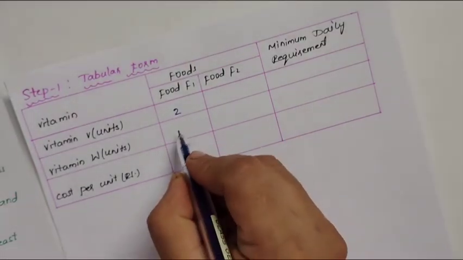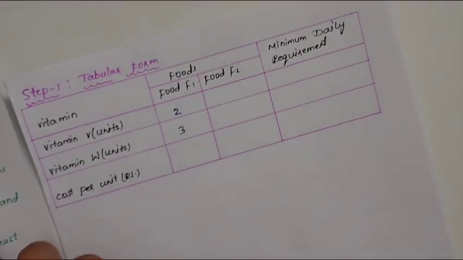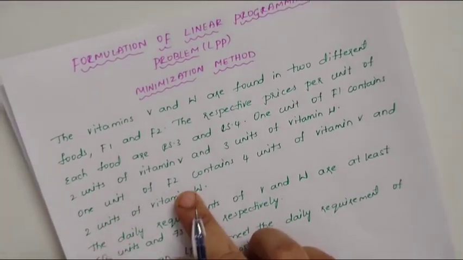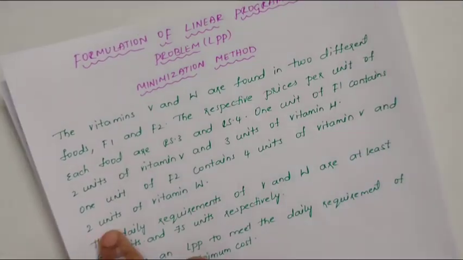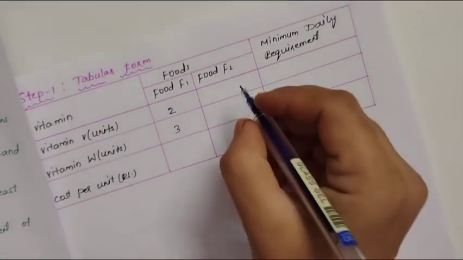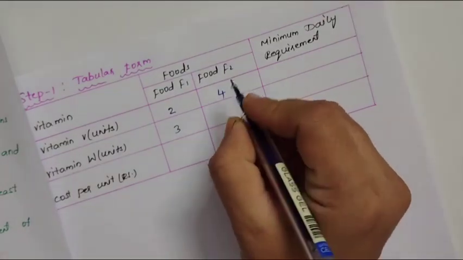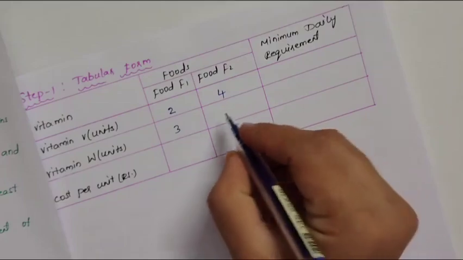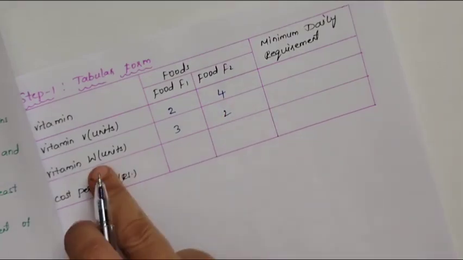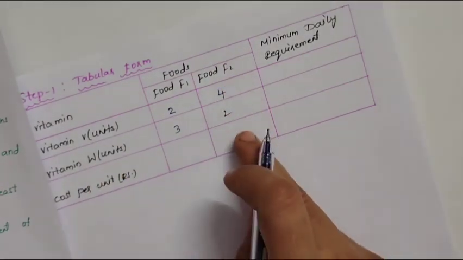Next, 1 unit of F2 contains 4 units of vitamin V and 2 units of vitamin W. So 4 units of vitamin V for the food F2 and 2 units of vitamin W for F2.